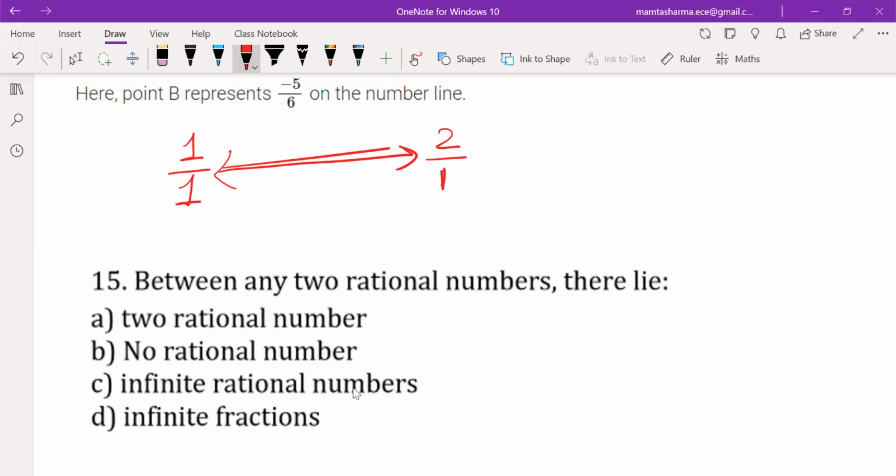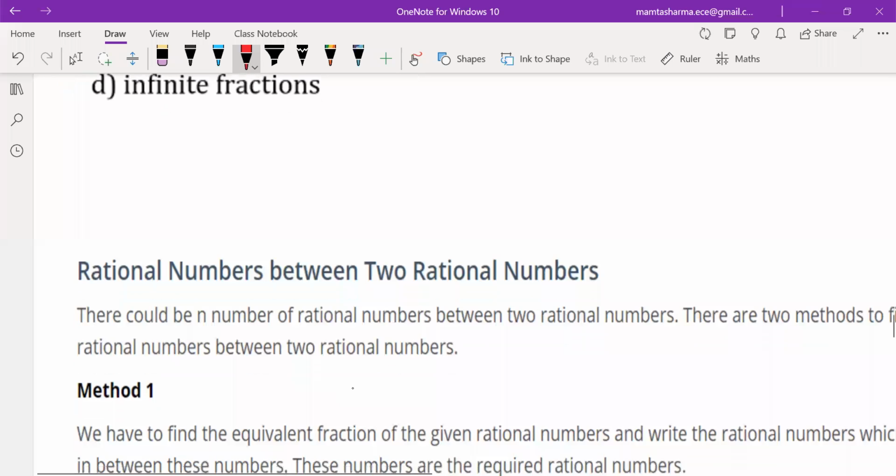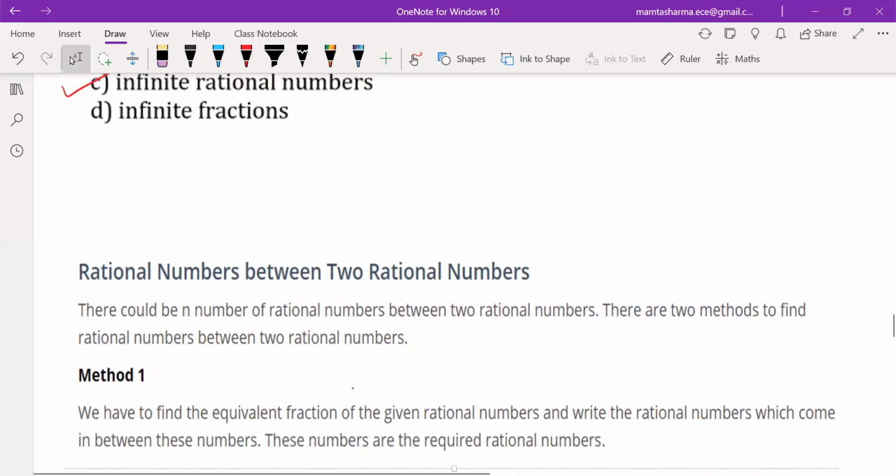Between these two rational numbers, there can be infinite rational numbers. So what is the correct answer? C, ma'am. Yes, C.